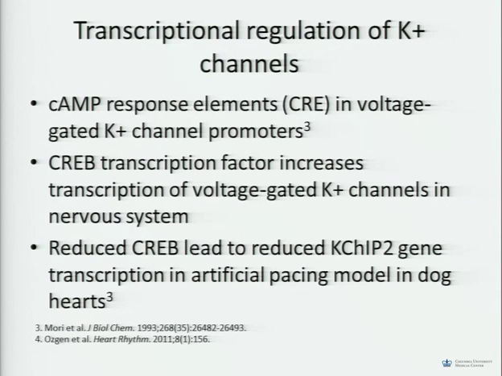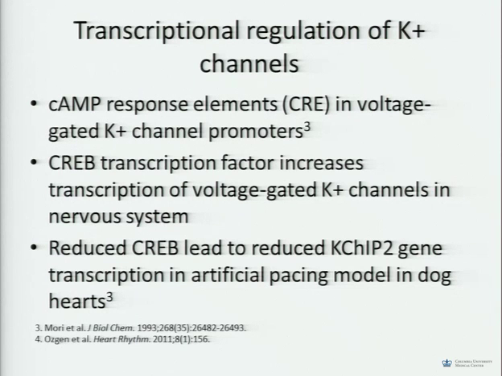Until recently, in 2011, Michael Rosen, actually here at Columbia, discovered that reductions in CREB lead to a reduction of a potassium channel in an artificial pacing model in dogs. The artificial pacing model is used to study arrhythmia. And that's when we got the idea that maybe we can look at CREB and potassium channels in the heart to explain the long QT phenomenon that's occurring.